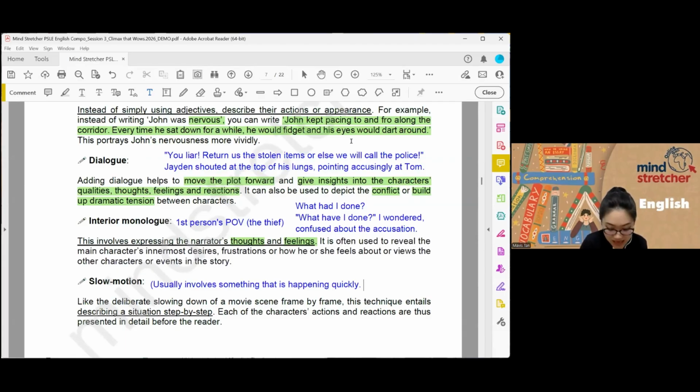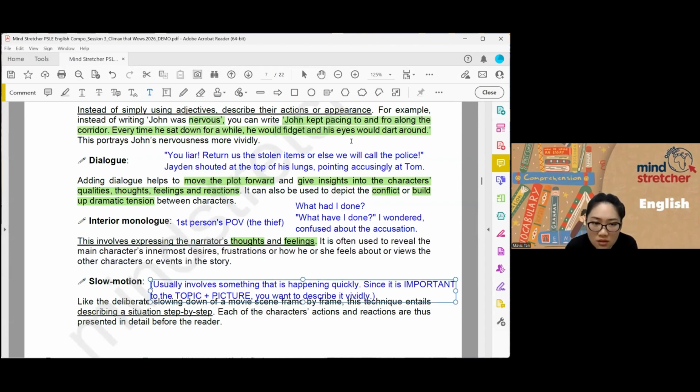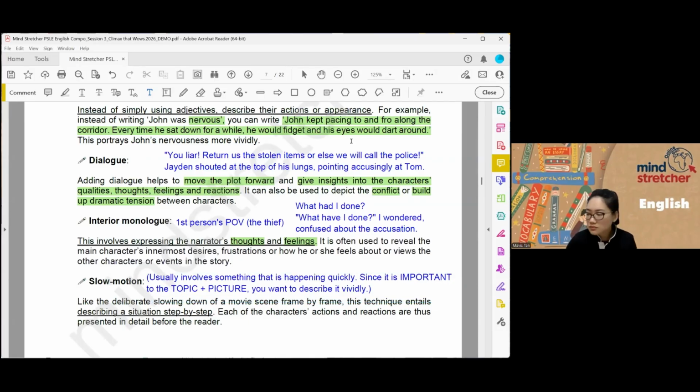Since it is important to the topic and picture, you want to describe it vividly. So if now the story is related to a nasty incident, okay?